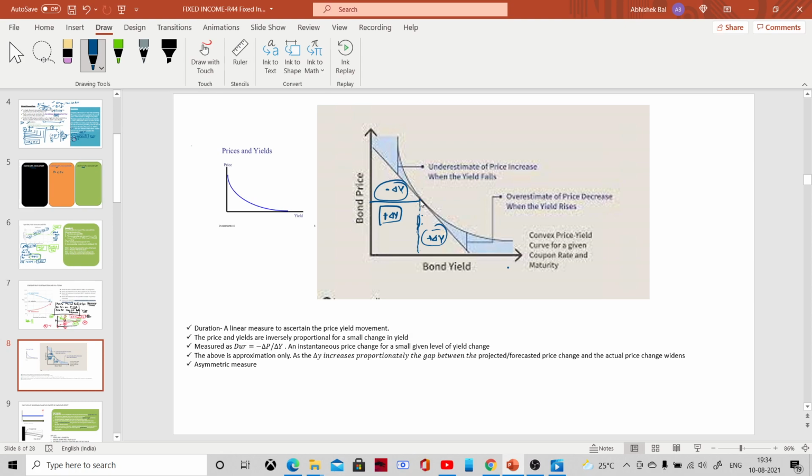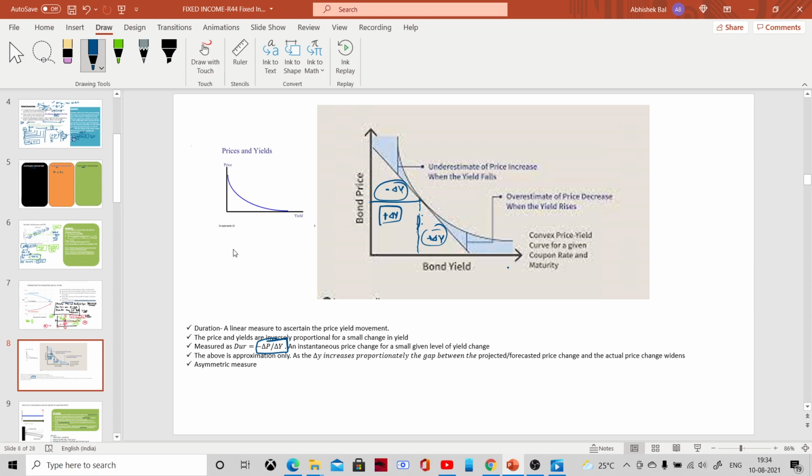Since the delta y is very small, it's assumed that for very small changes, the price change is almost linear in nature. If it is linear in nature, in this fashion we can come out with the price change of that security itself.